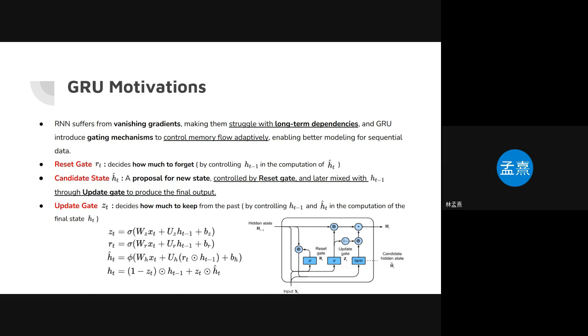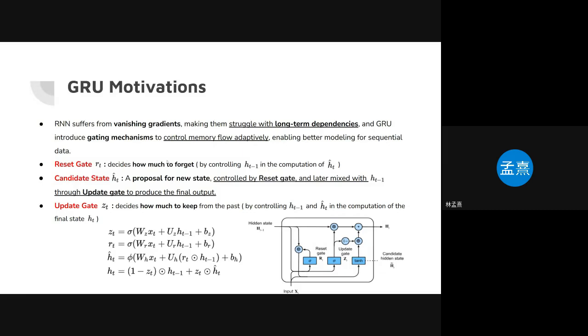The update gate decides how much to keep from the past memories, which is the previous state. So it controls the previous state and the candidate state in the computation of the final state. So this is the gating mechanism.